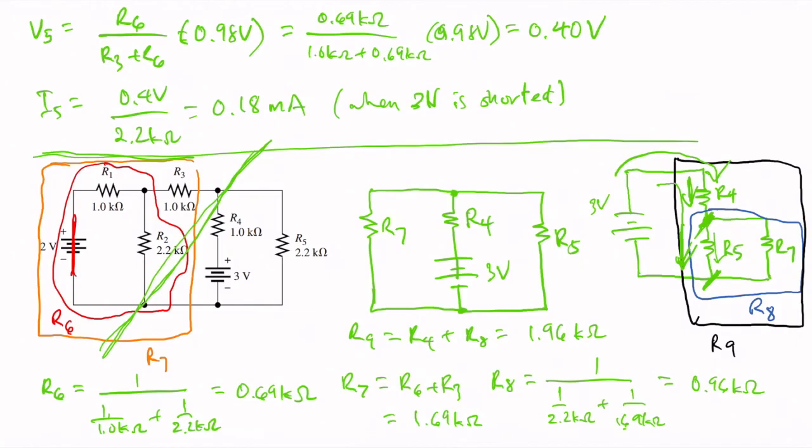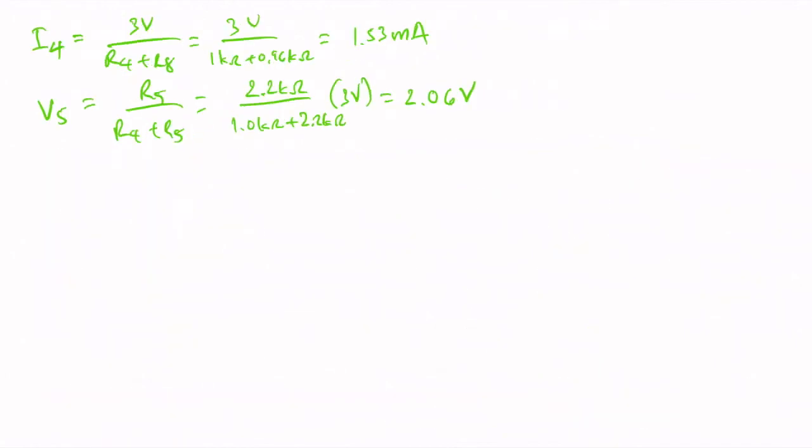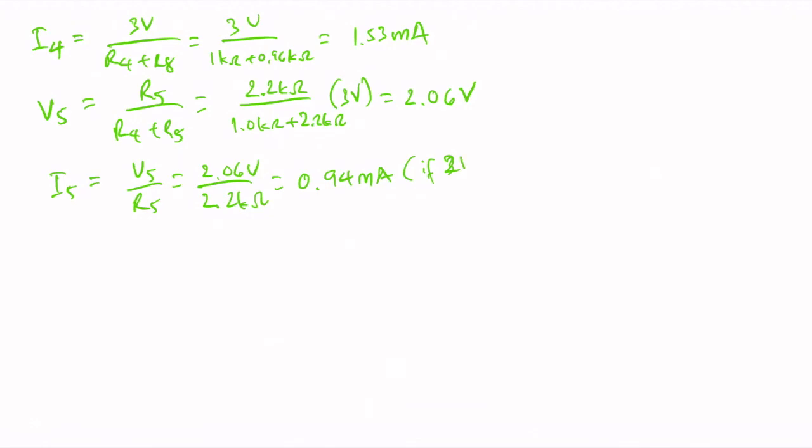And if we divide that by R5, it will give us I5. So V5 divided by R5, 2.06 volts divided by 2.2 kilo ohms, results to a current of 0.94 milliamperes. And that is if 2 volts was shorted.